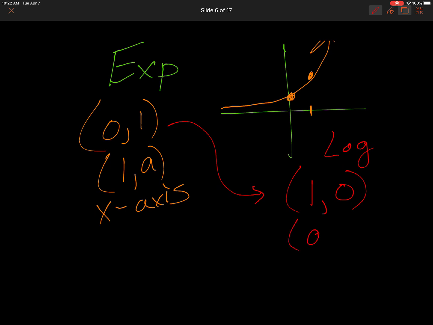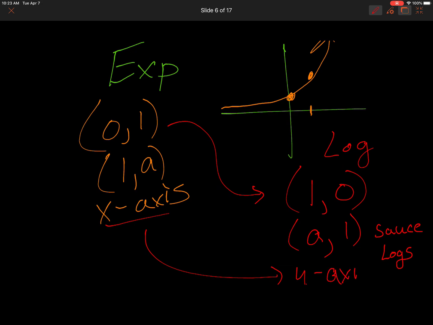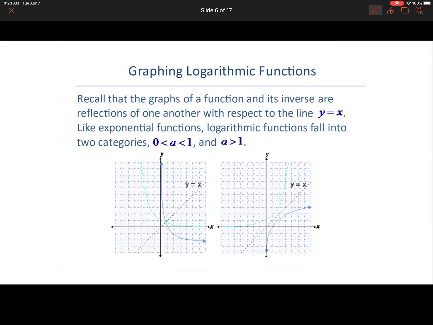And then instead of the point 1, a, logarithms go through the point a, 1. So always remember A1 sauce is what we put on logs to eat. Instead of the x-axis, we have to hug the y-axis. And so that's what we'll end up doing for our graphs.